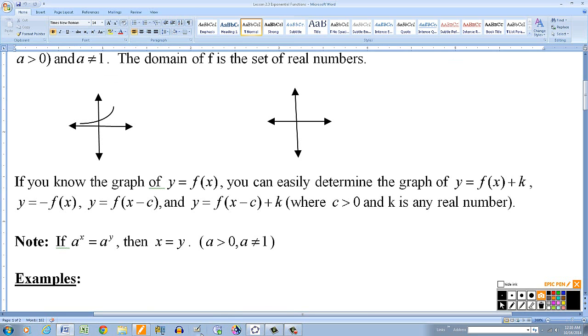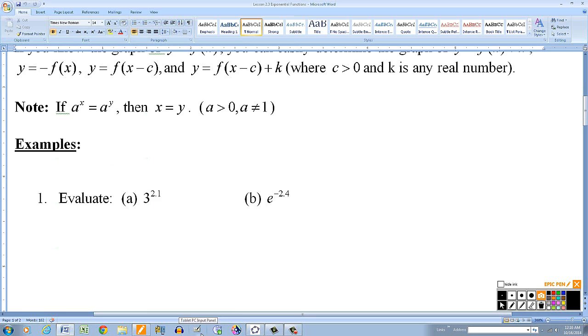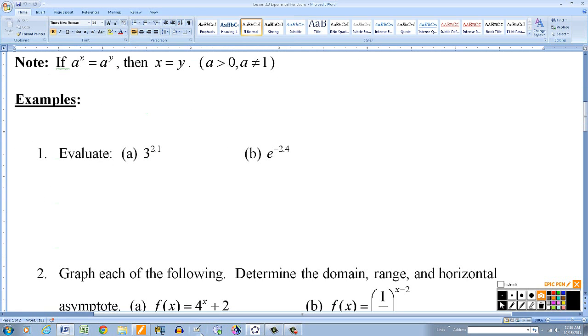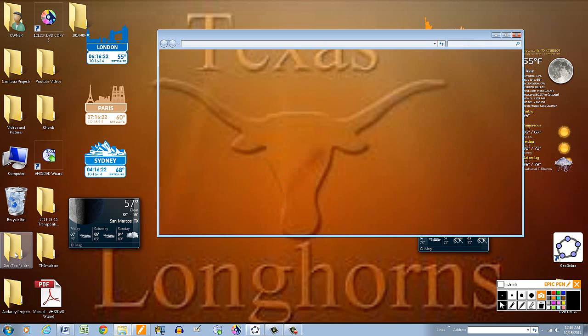Okay, so let's go back to this one now. This one says evaluate. So examples, we're going to evaluate some exponentials. So in this case, the best thing to do is just to use the calculator. So let me get my virtual calculator here.